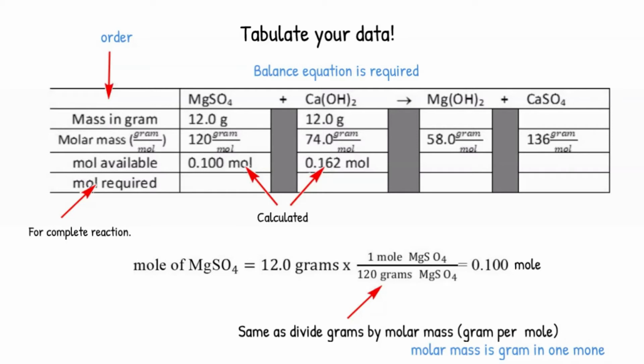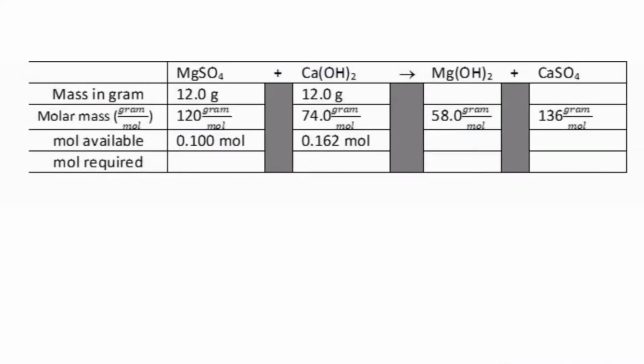This extra row is called the amount required for complete reaction. Because the mole available from the mass of reagents are not the same in this 1-to-1 reaction, a fourth and last row in our tabulated data table is required, which is the mole required for complete reaction.